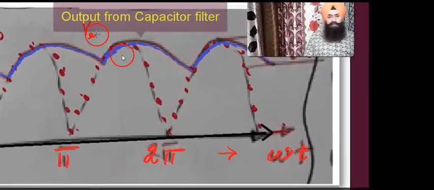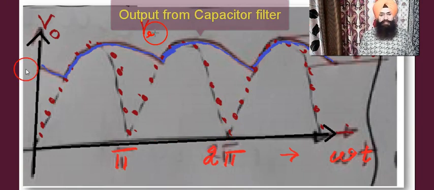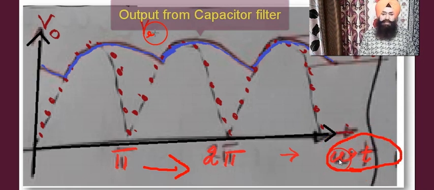Now this is the output from the capacitor filter, charging and discharging of the capacitor. This one is the output from the rectifier. Along this side it is theta. Theta means omega t, because omega is d theta by dt, so omega t becomes theta.